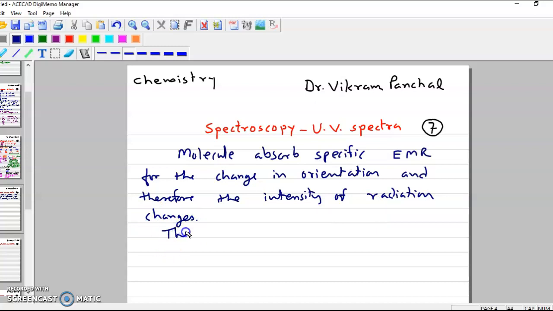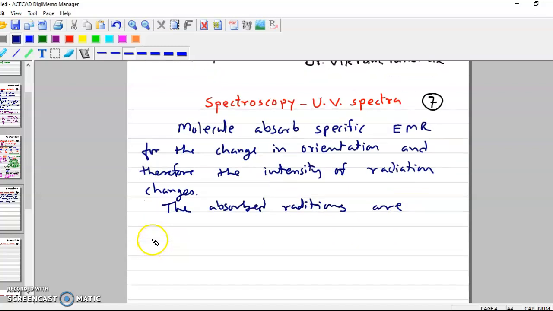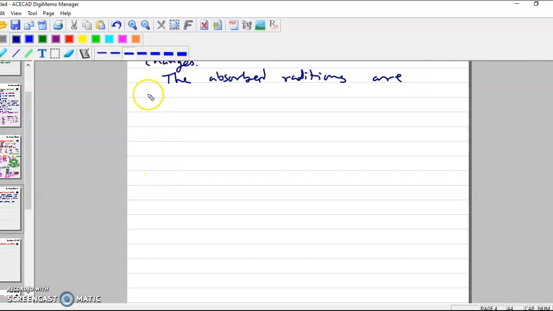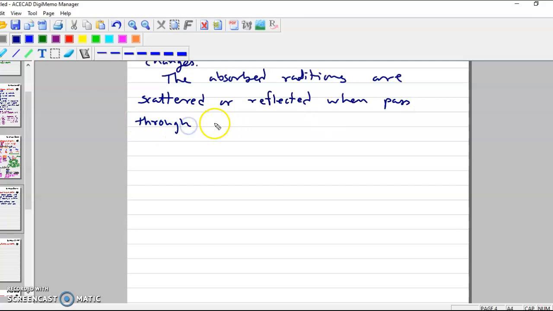The absorbed radiations are scattered or reflected when passing through the matter.